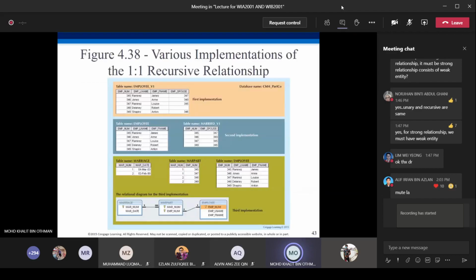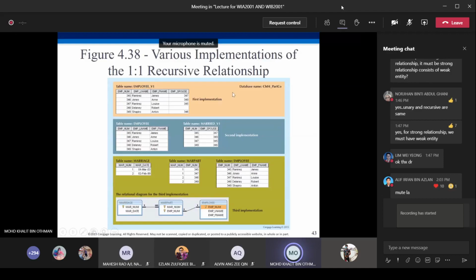Okay, lastly, this is figure 4.38, various implementations of a one-to-one recursive relationship. Based on this diagram, you can see we have several diagrams. First is only one table, where the table name is employee.